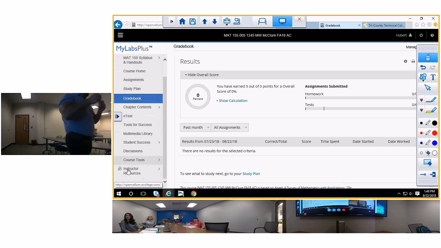Now, see, y'all can't see these down here. Course tools and instructor. So you have discussions, student success, multimedia library, and grade book. Now, I'm sorry. When you hit grade book, to me, there's only one thing that pops in my mind: those black spiral grade books that they had back when I was growing up.